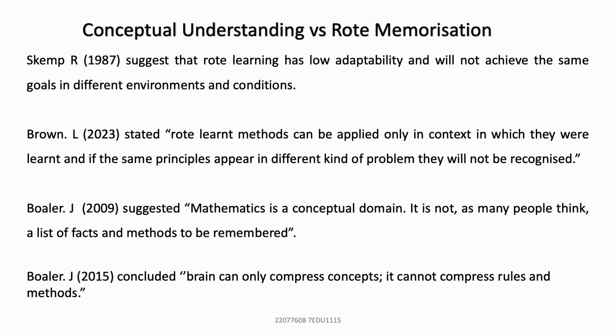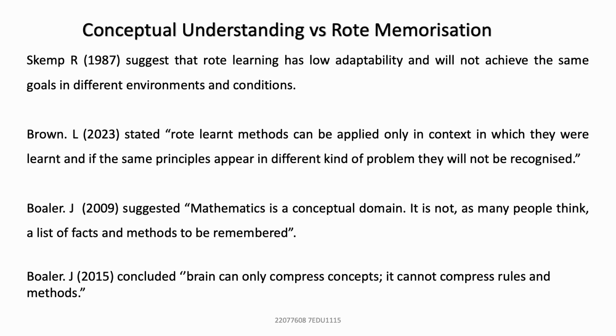While rote memorization may facilitate solving particular problems that directly utilize those formulae, it hinders the capacity to appropriately adapt or apply the formula when confronted with unfamiliar or slightly modified scenarios.